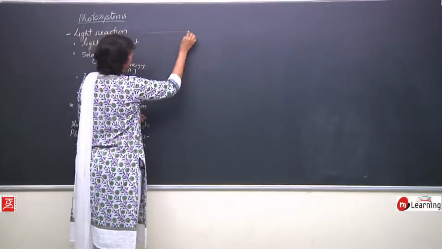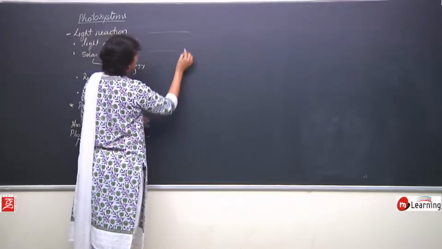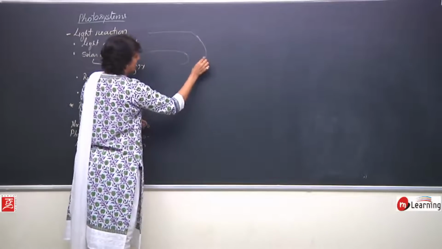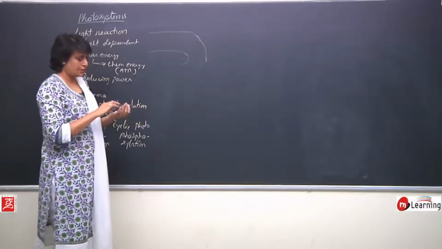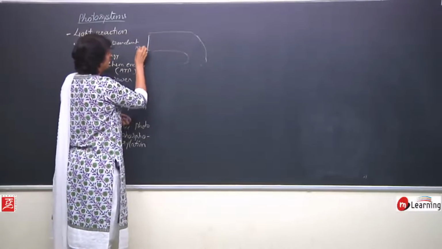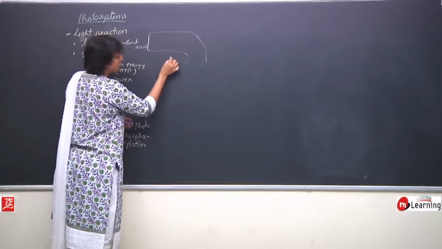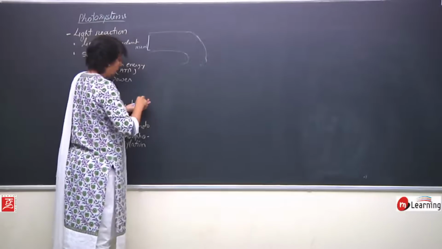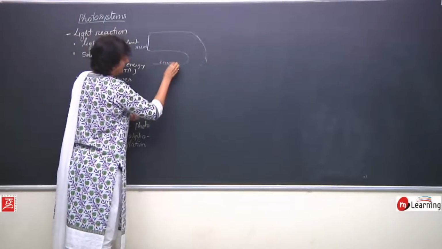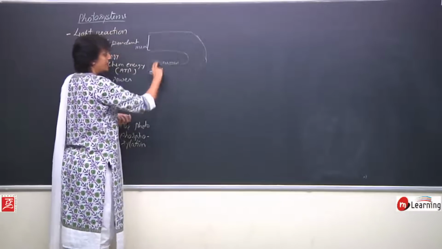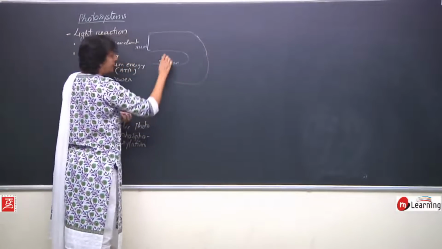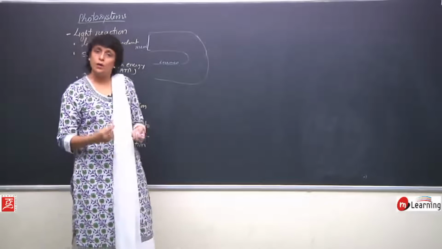This is the thylakoid membrane. We have drawn this structure. So this is the membrane part, and this gap which we see here is actually the lumen. Lumen means there is a membrane here and there is a membrane here also, and the gap between the two is called the lumen.